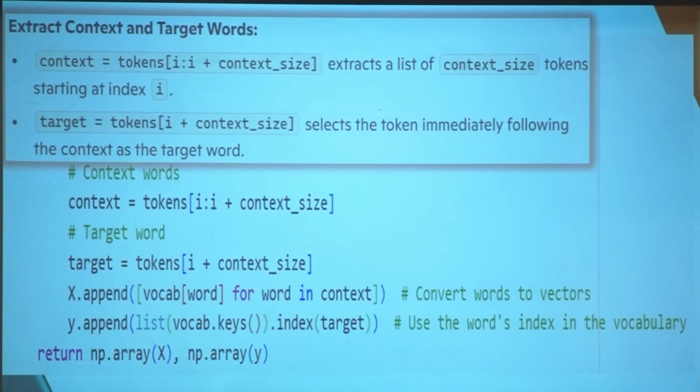You are extracting the context. Out of all the tokens, you will extract a list of context-size tokens starting at an index of i. So I put it in a for loop, and it keeps on extracting. Then target word: it selects the token immediately following the context as the target word. Yes or no? So the first 3 words come into your context list, and the immediately following next word goes to your target. And then take a for loop, keep on sliding, get your results. Clear enough?